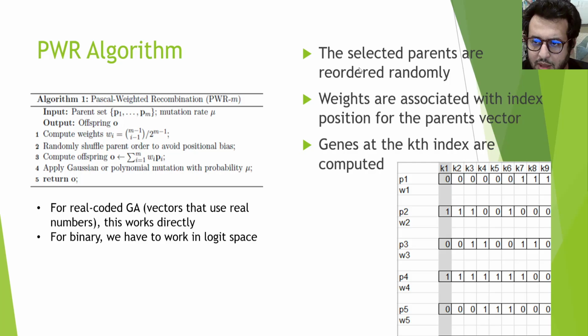Now, as this algorithm is proceeding, the recombination is happening here. The weights, let's say, are being assessed for each parent. So there's 5 parents, there are 5 weights associated with them. At this stage, the assumption is that the parents have already been reshuffled, so their order is not the same order that they came. The weights are already calculated based on this computation.